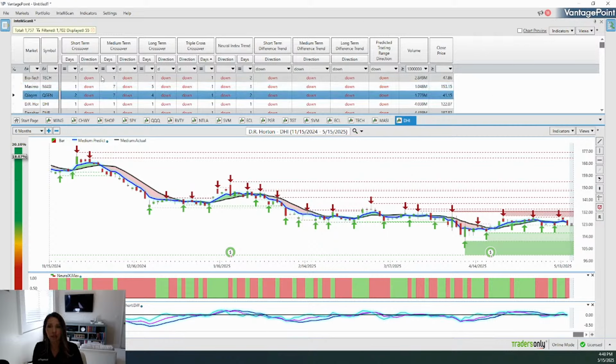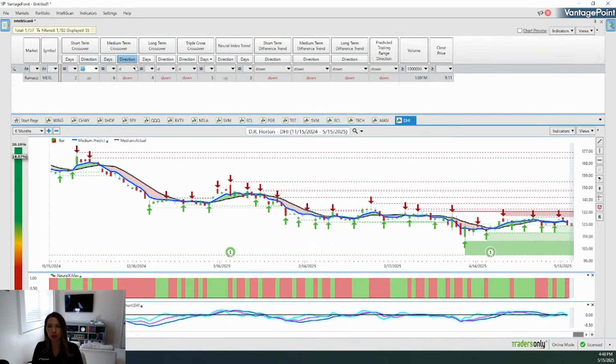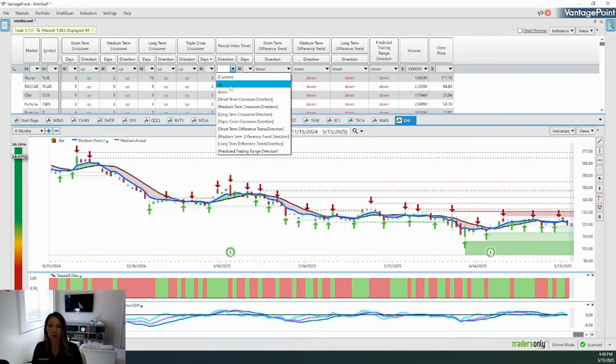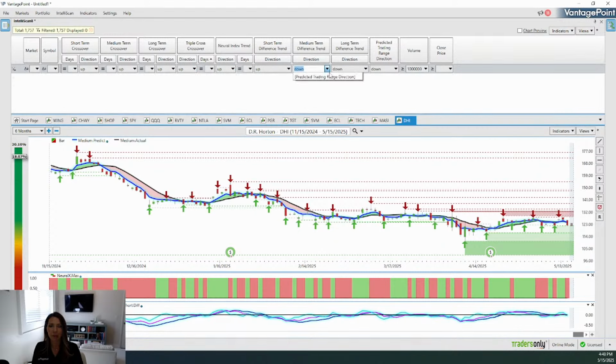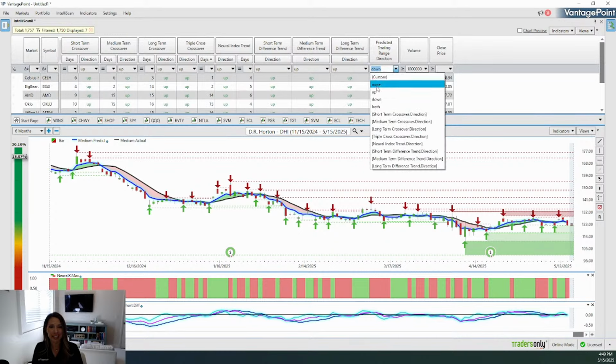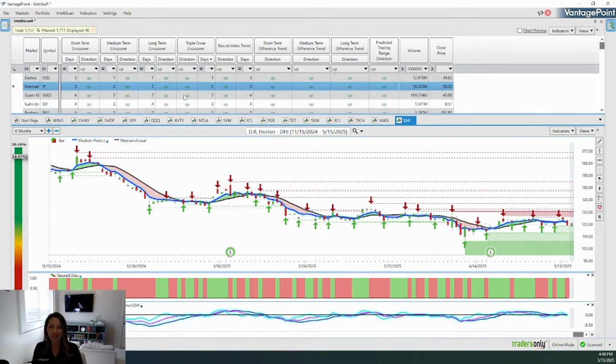Of course, you can save each of these scans individually to make it really easy when you want to scan for a certain type of opportunity. But let's go with our continuation scan, since our markets are in this sort of continuation bullish trend, which is nice to see after quite so much time to the downside.